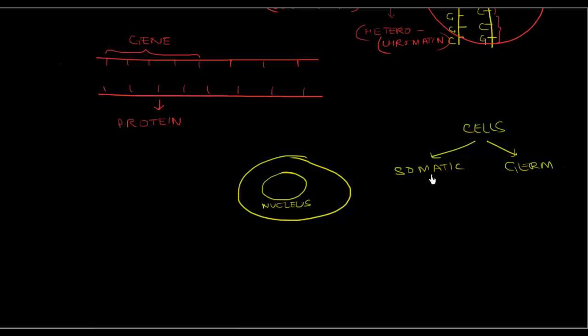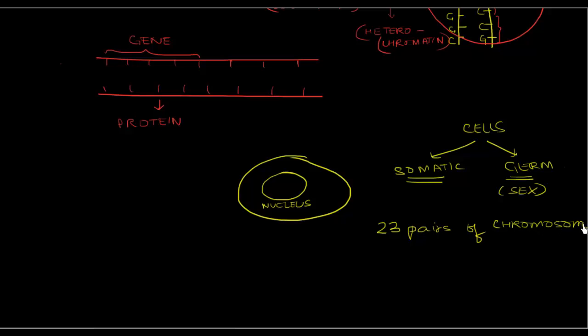Somatic cells are just the normal body cells, whereas the germ cells are also referred to as the sex cells. We human beings have altogether 23 pairs of chromosomes.